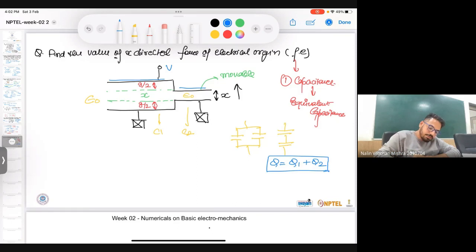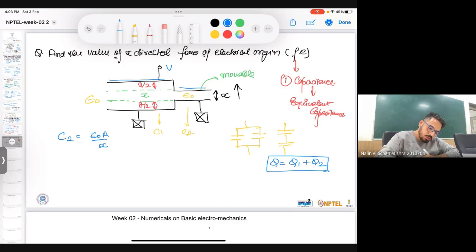Okay, so someone tell me what is the value of second capacitance? It should be epsilon naught A by X. Okay, so for that you need the value of A, right?